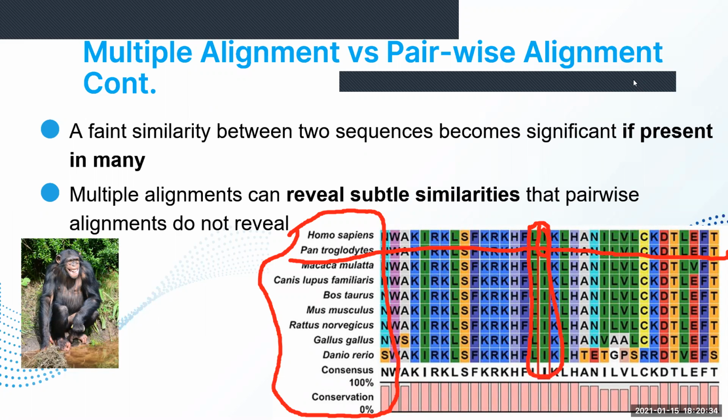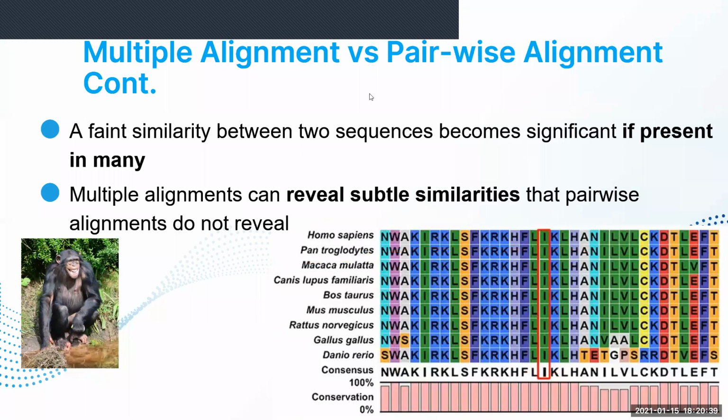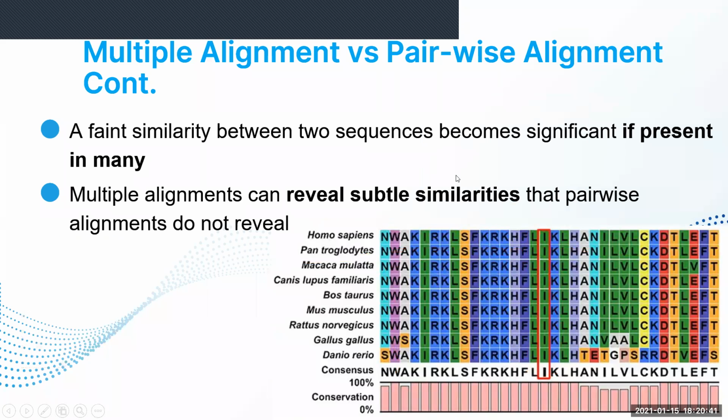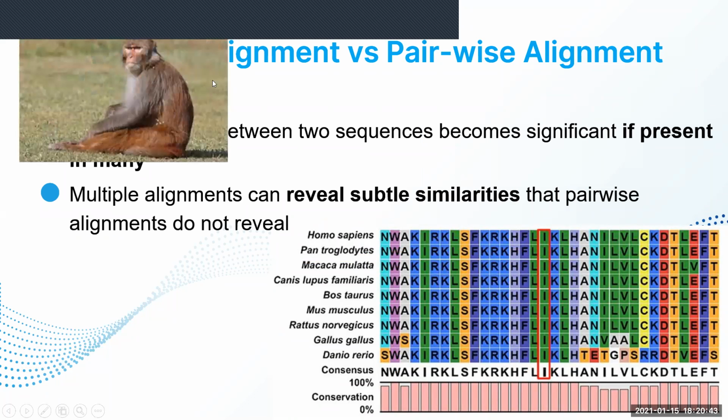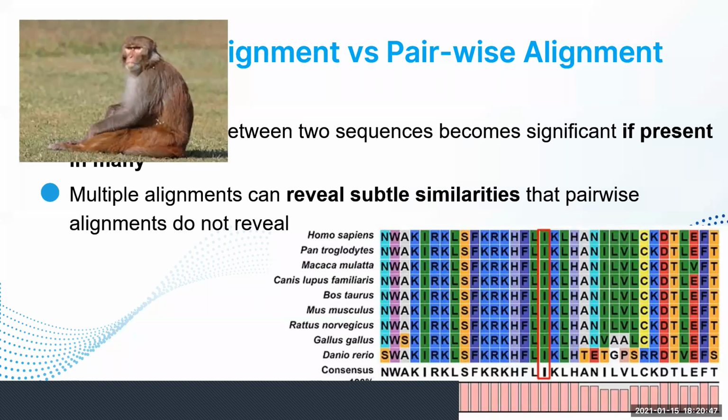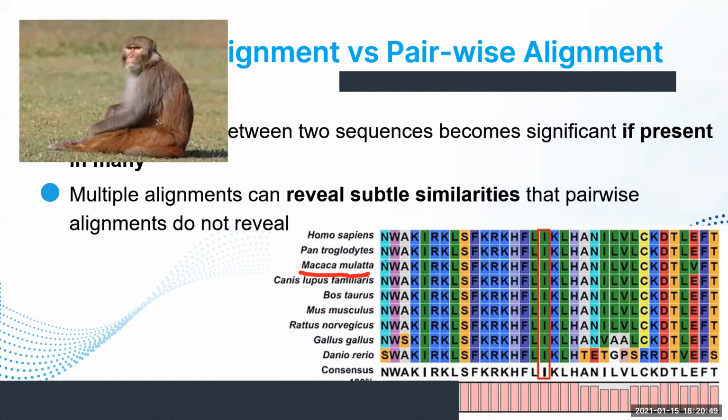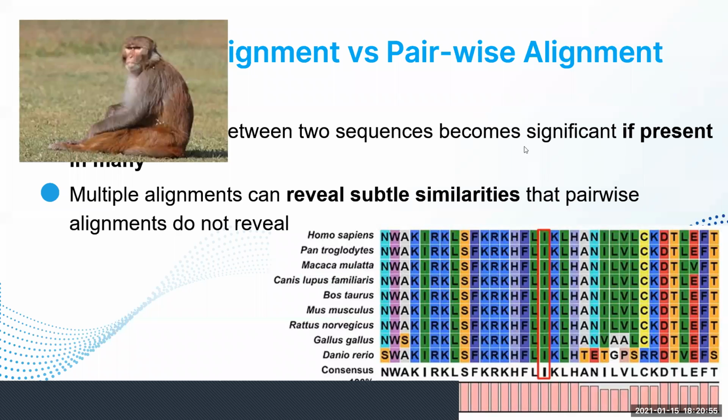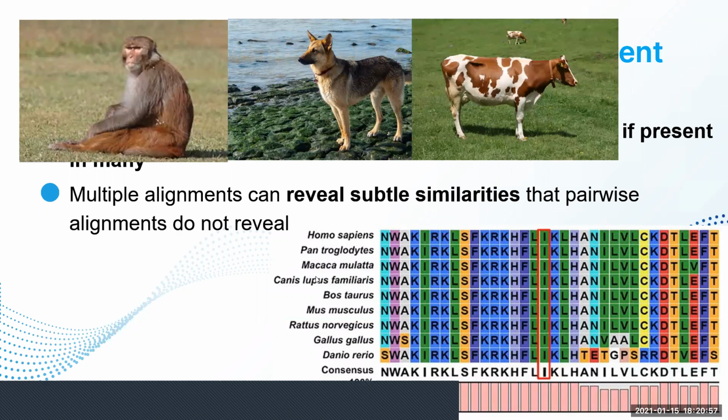Then I'll show other species also. This is Macaca, I don't know how to pronounce it. Then Canis, which means dogs. Then Taurus, which means cow.